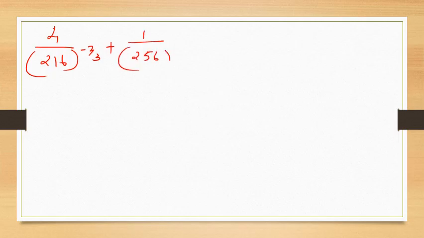Next question. Simplify 4 by 216 raised to minus 2 by 3 plus 1 by 256 raised to minus 3 by 4 plus 2 by 243 raised to 1 by 5 minus 1 by 5.